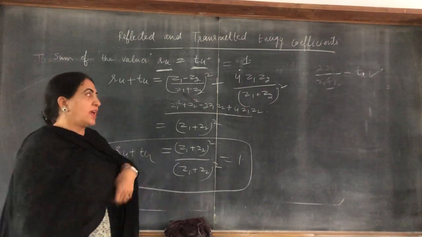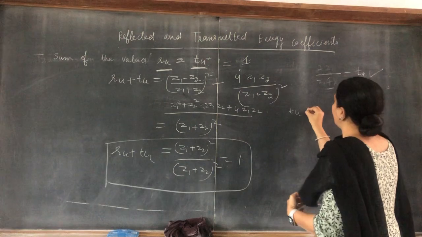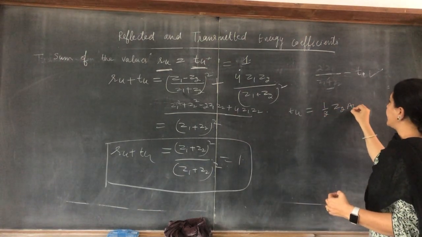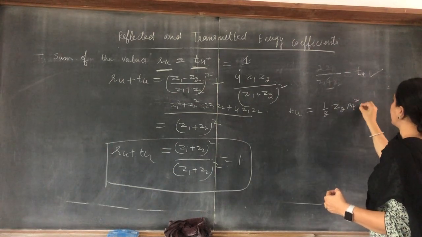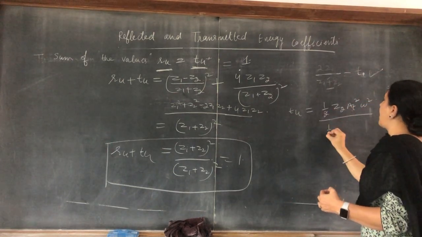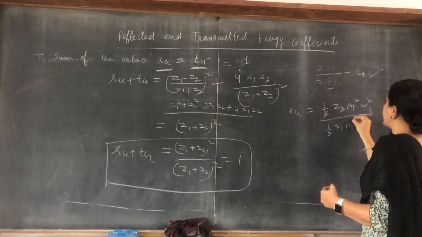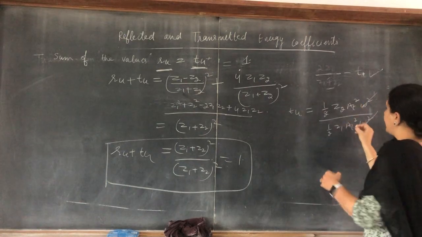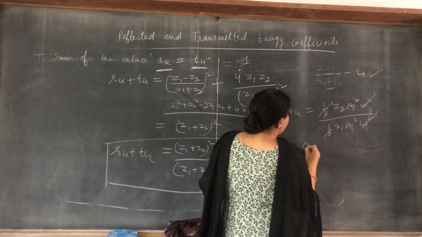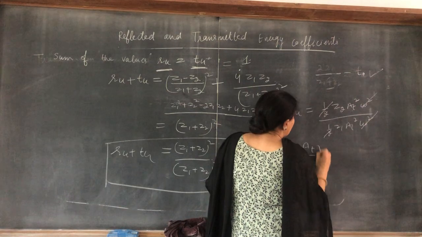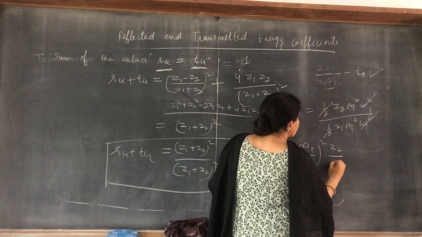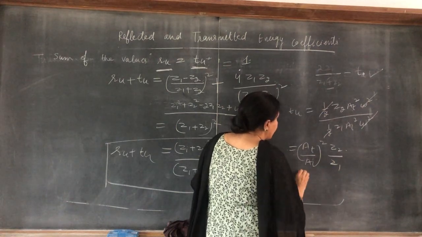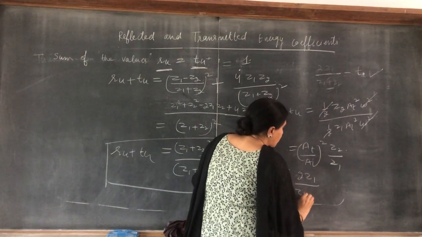So I am repeating again that in case of Tu, we have half Z2 AT square omega square and half Z1 AI square omega square. Omega square goes with omega square and half goes with half. We have AT upon AI square into Z2 over Z1, and AT upon AI will be 2Z1 over Z1 plus Z2.